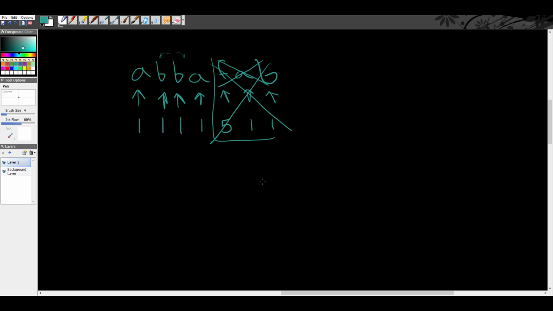So what's the key idea here? Well, this is fine for odd palindromes, because odd palindromes will have some center character, and then some stuff on the sides. But even palindromes like B, B doesn't have a single center.